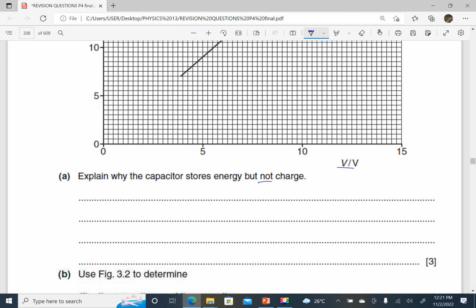We have explained this. The charges on the plates are equal and opposite.